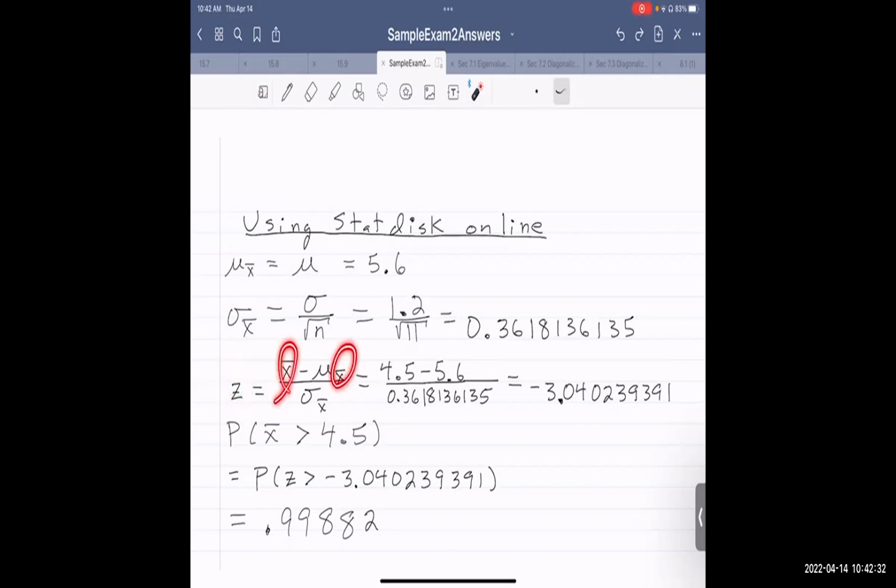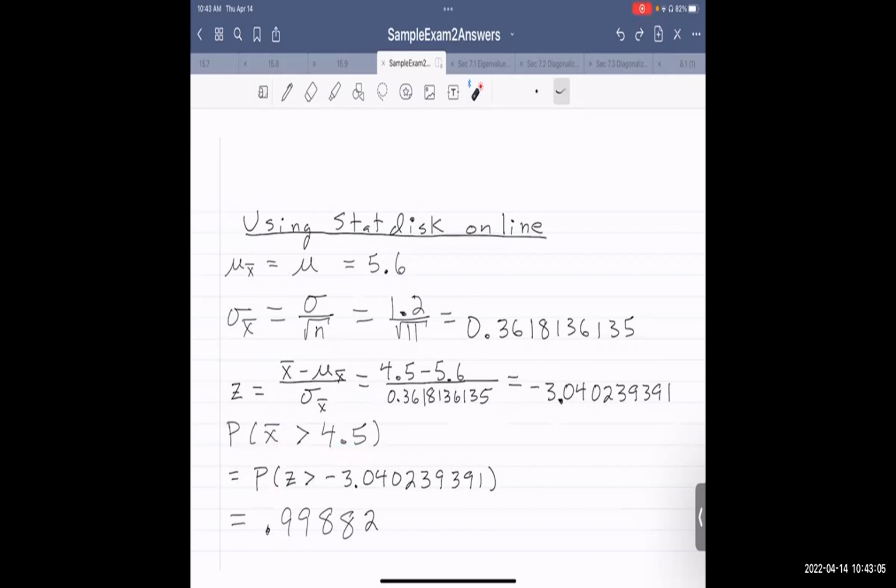And so x minus mu over sigma. So I have here that the sample mean is 4.5. The mean for the sampling distribution of all possible sample means is 5.6. The standard deviation for the sampling distribution of all possible sample means is 0.36136. And so I get a negative 3.040239391.